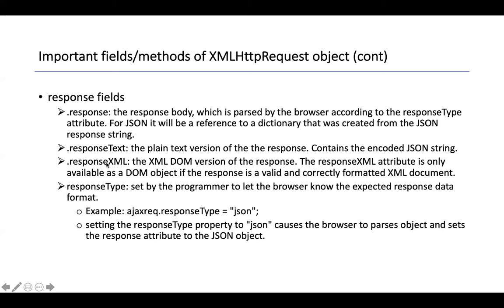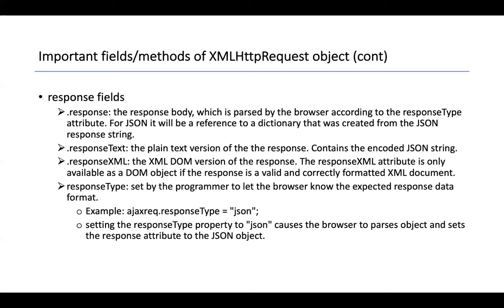And if you returned a DOM object from PHP, which we're not going to cover in this course, it would be in the .responseXML property. And then, important again, you want to tell the browser how to interpret the response type. So that's the responseType property in the AJAX object. Typically you're going to set it to JSON because you want it to interpret the response as JSON.